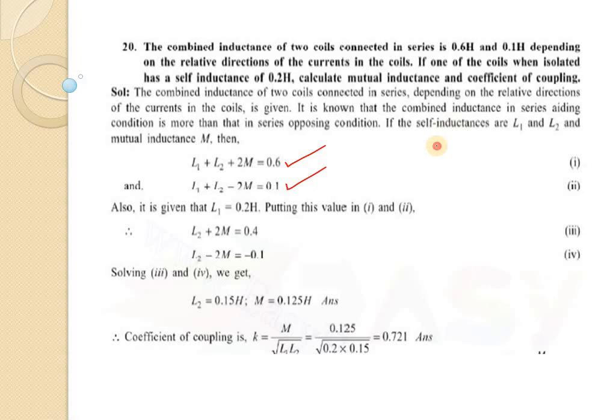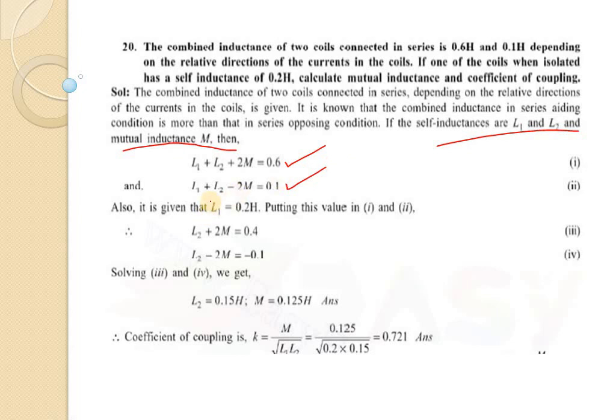So if the self-inductances are L1 and L2 and the mutual inductance is M, then when these two coils are placed in series, the effect will be L1 plus L2 plus 2M, where M is the mutual inductance, and that will be equal to 0.6.